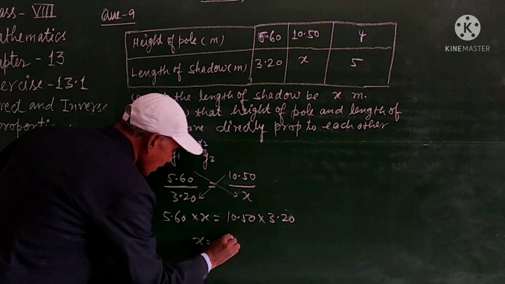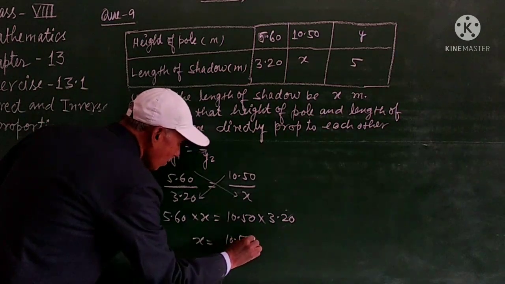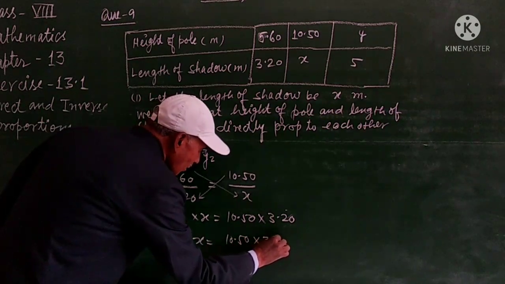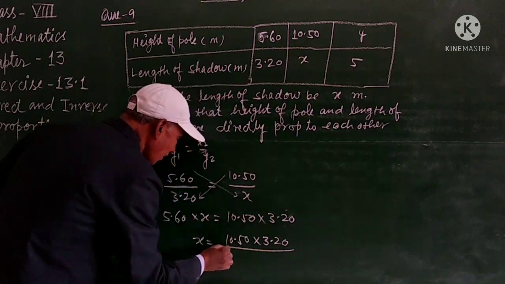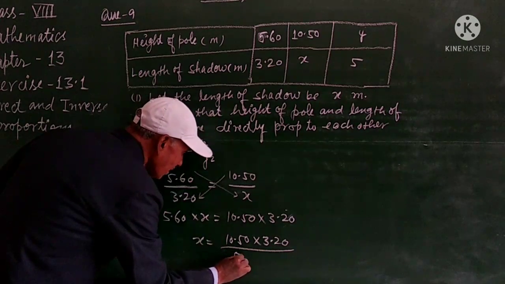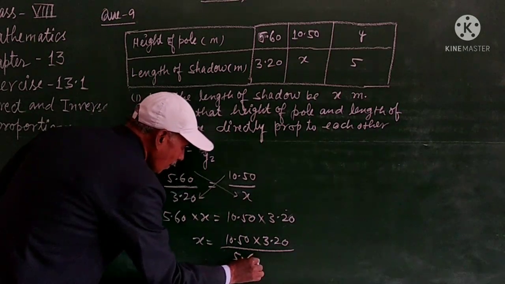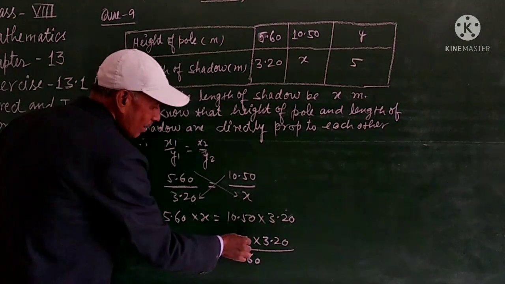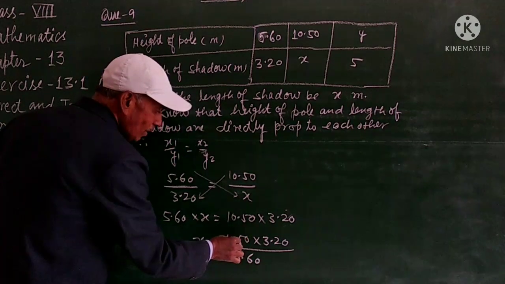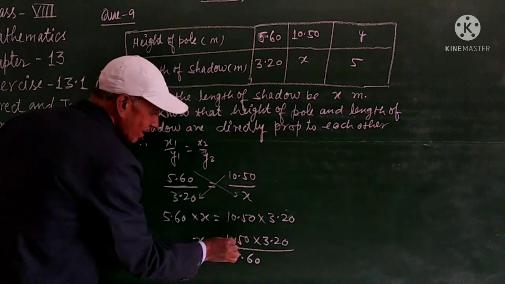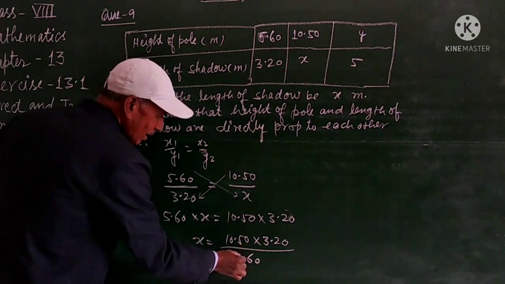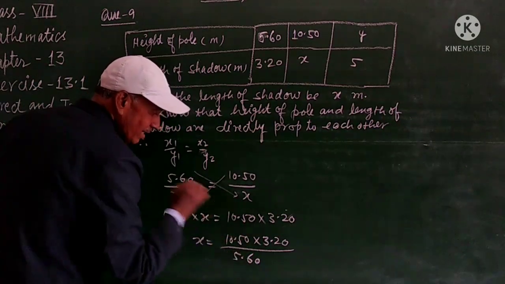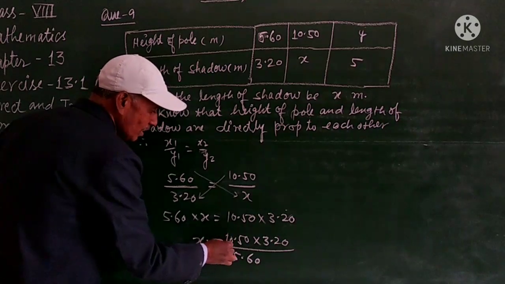Now x is equal to 10.50 into 3.20 divided by 5.60. Now we have to remove this point, student. After 2 digits there is a decimal, and in this also after 2 digits there is a decimal, so we have to remove this decimal.